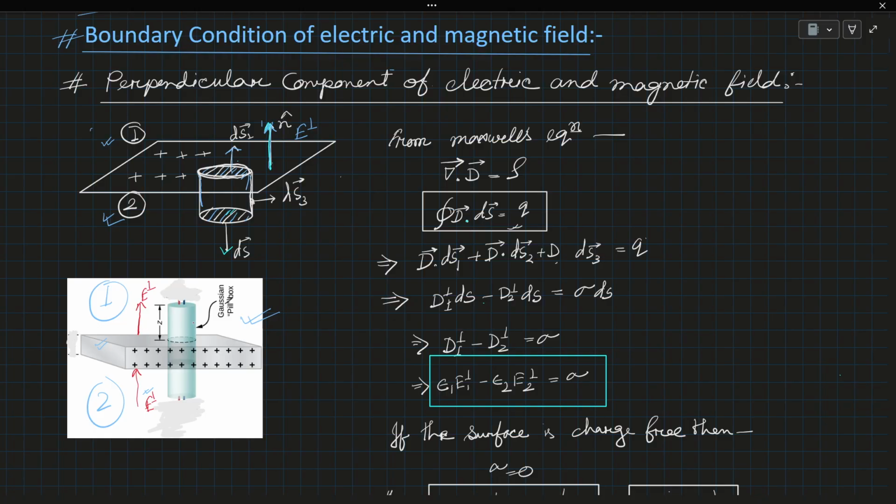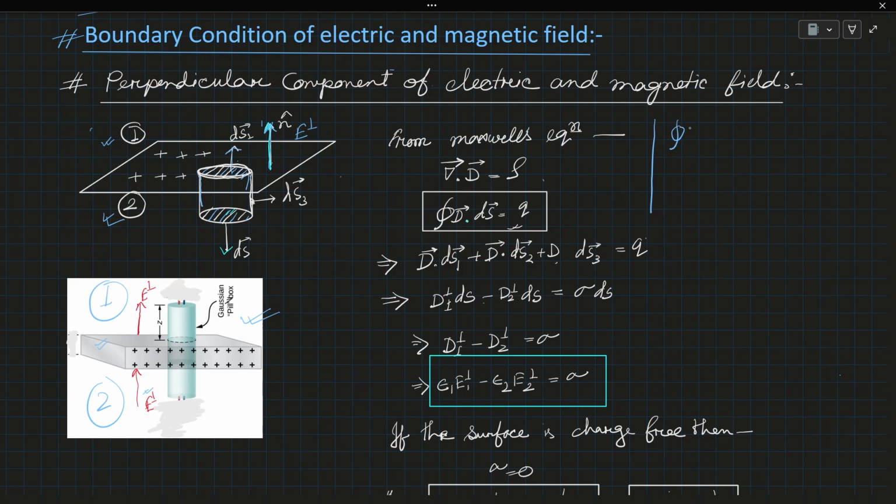Then I have considered the Maxwell equation, del dot D equals rho. I can write it in integral form: the integral of D dot dS equals Q, right? I can explain it here.